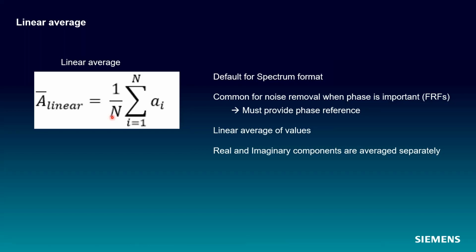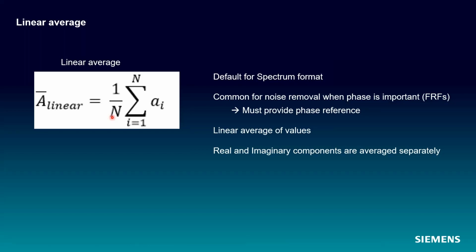So if you imagine doing an impact FRF on a structure and you want to take 100 averages, you do that to essentially keep all the response that's really there coming from the structure, and average out all the random noise that's in the background or in your signal chain, noise from the structure or electromagnetic noise or something like that. So we take a bunch of averages so that the real data stays with us and the random data goes away. It's a linear average of the values.